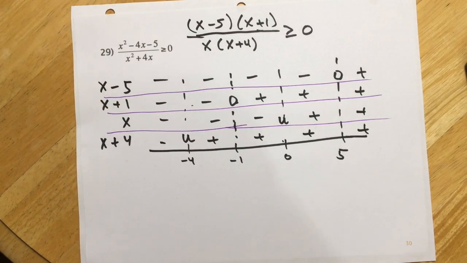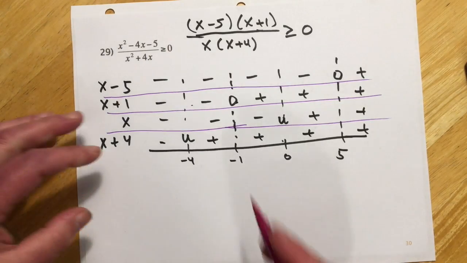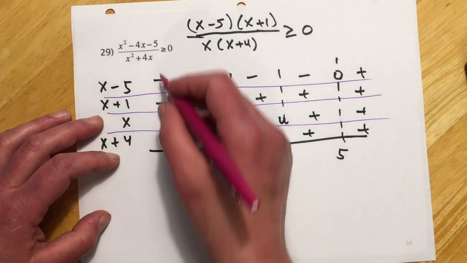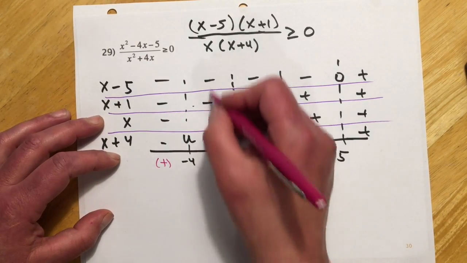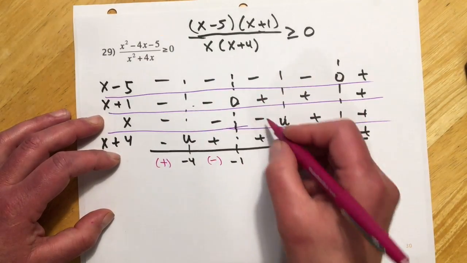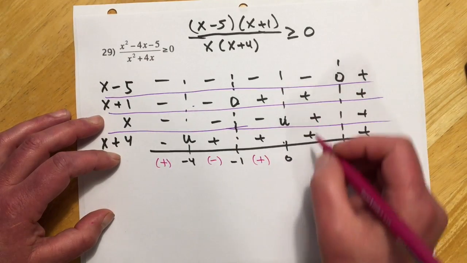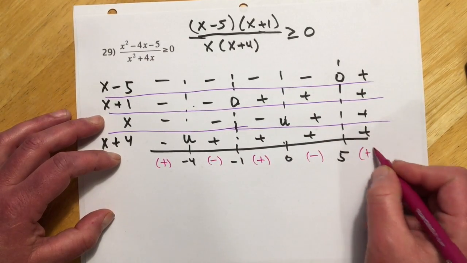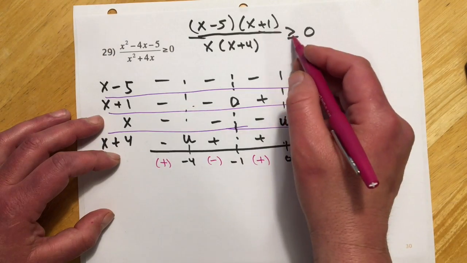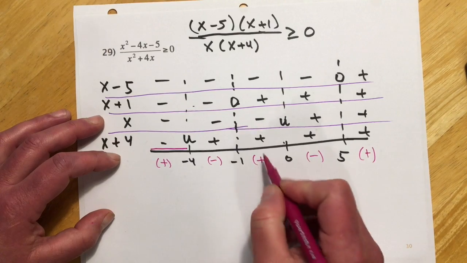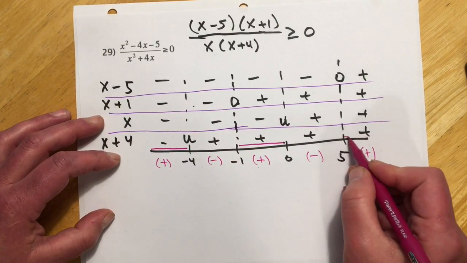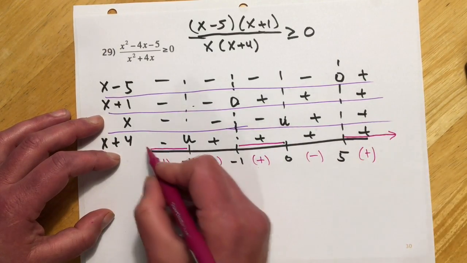And then you don't have to draw the graph on here. I like to, it just kind of helps me get the interval notation right. We do have to go 4 negatives makes a positive here, 3 negatives makes negative, 2 negatives would be positive, 1 negative, negative, and we have all positives. And we want greater than or equal to 0, so we want the positive regions. That's going to be there, in between here, and going this way.